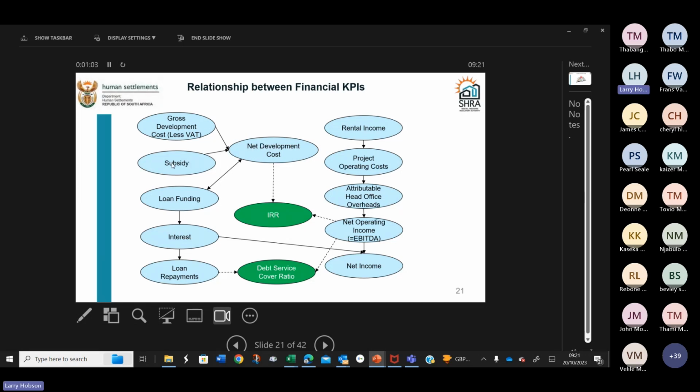Then we apply our subsidy as the first form of funding towards the net development cost. What's left over, we borrow. We get loan funding for that. So if we took an example of the development cost less VAT being 530,000, our subsidy 426,000, our net development cost would be 430,000.